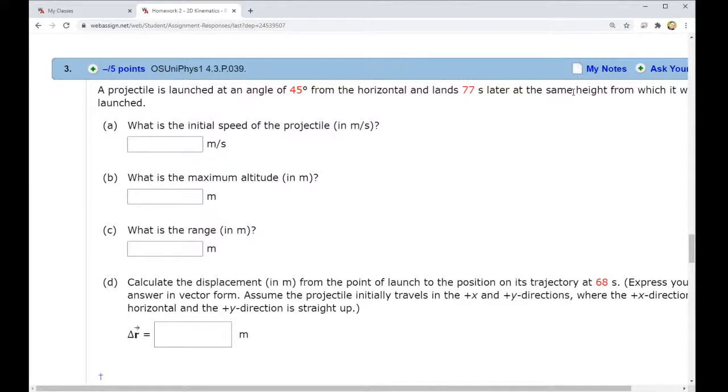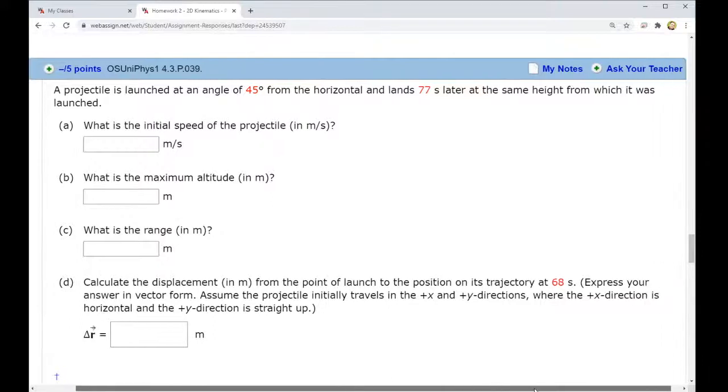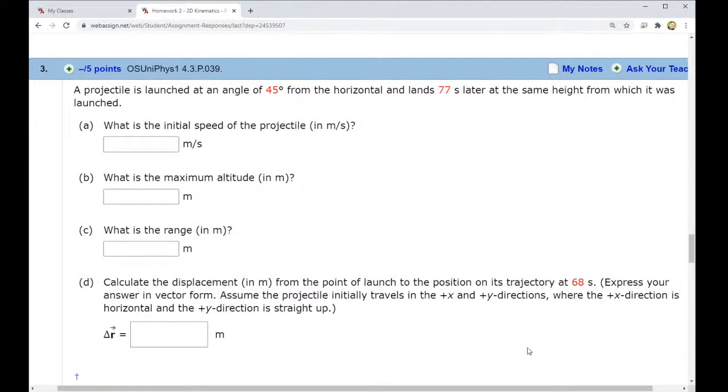And it lands 77 seconds later at the same height from which it was launched. What's the initial speed? What is the maximum altitude? What is the range? Calculate the displacement from the point of launch to the position on its trajectory at 68 seconds. Okay, so this last one maybe has a little new nugget for us to consider, but that will be last.